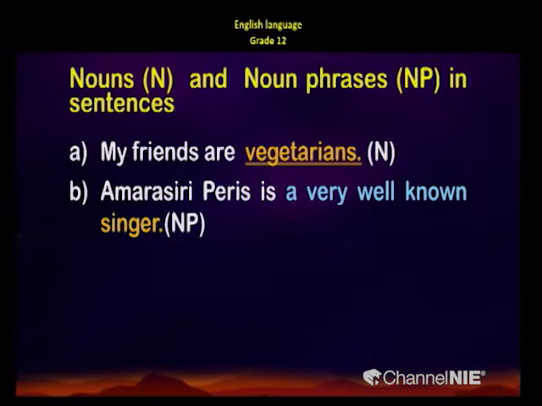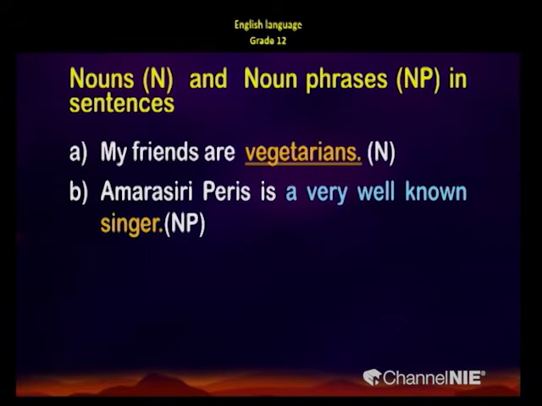Nouns and noun phrases in sentences. This is something you will find difficult, but we'll see what we are going to learn there. My friends are vegetarians. Can you please read sentence B, Ms. Menon? My friends are vegetarians. Amarasiri Peiris is a very well-known singer.